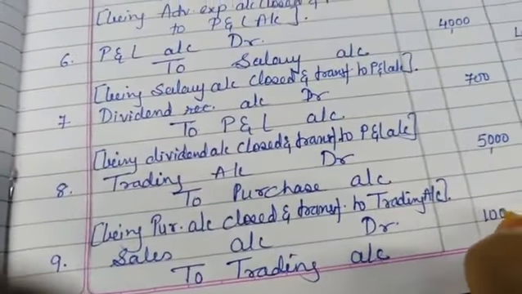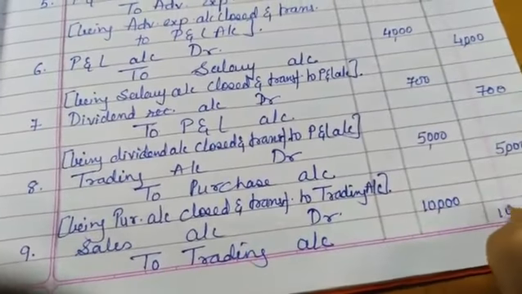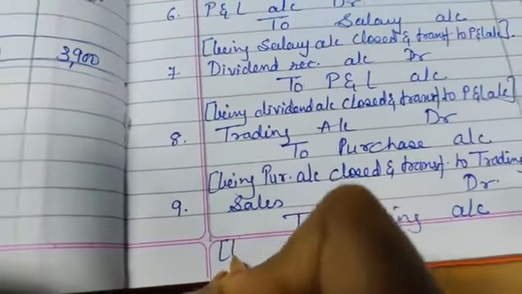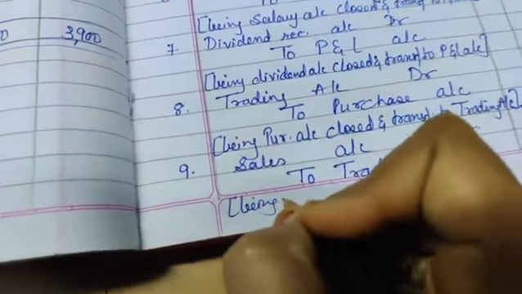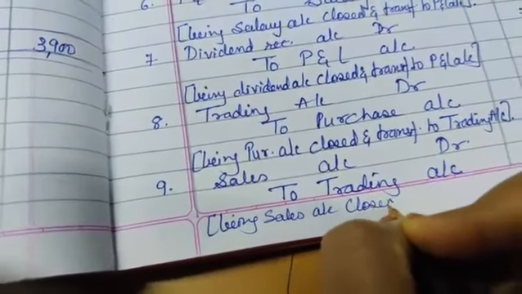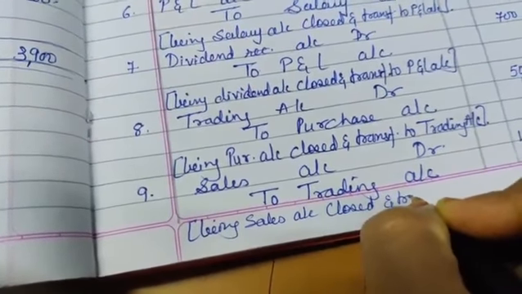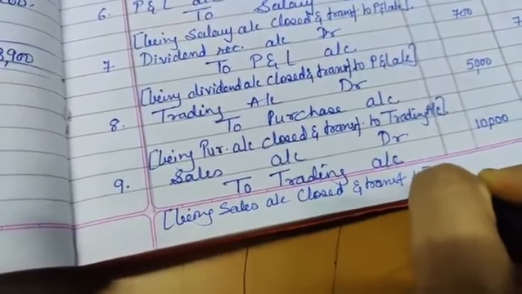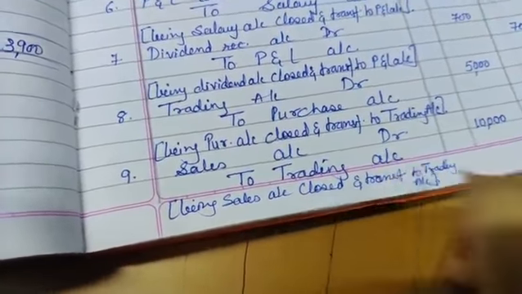Okay, the amount is how much? 10,000. So here we will write down 10,000 and 10,000. Fine. The narration will be being sales account closed and transferred to trading account. Okay, fine. This is your narration.